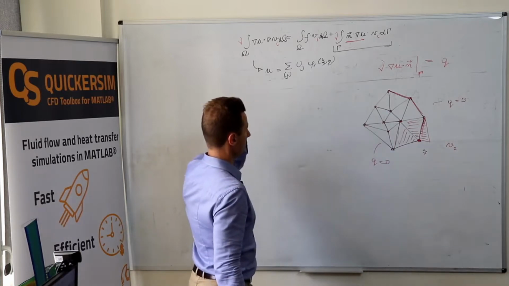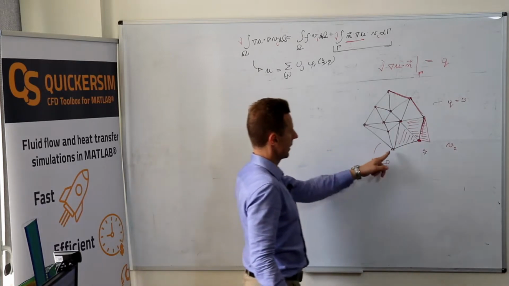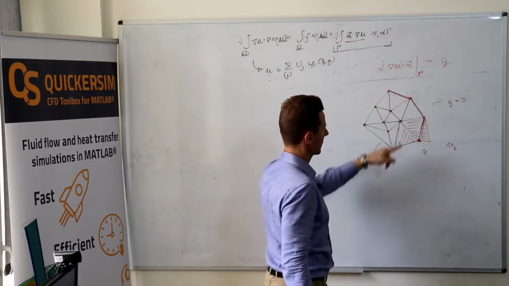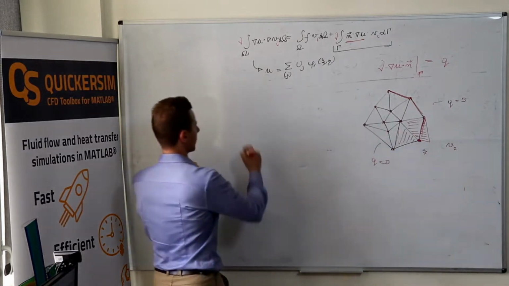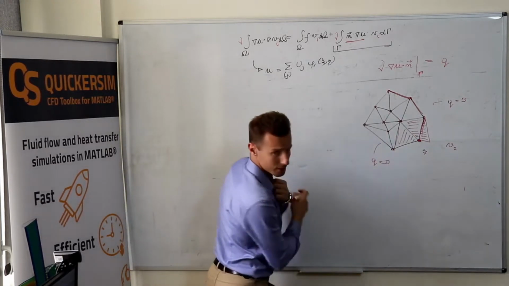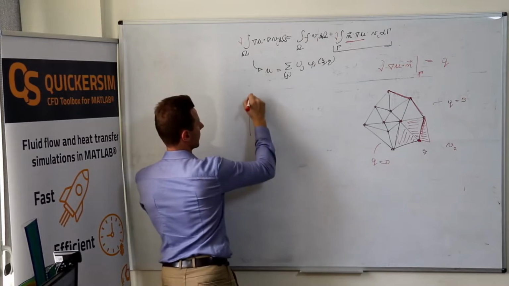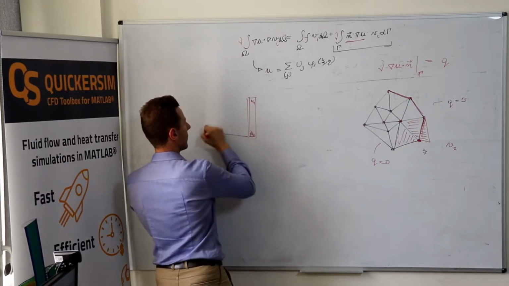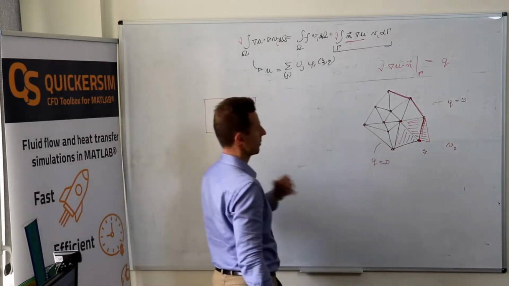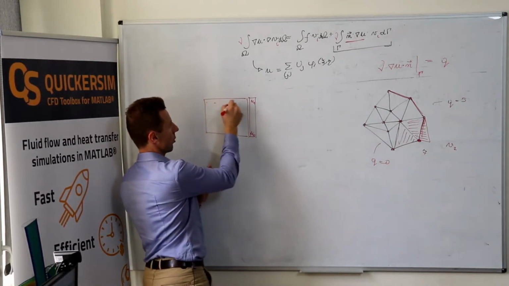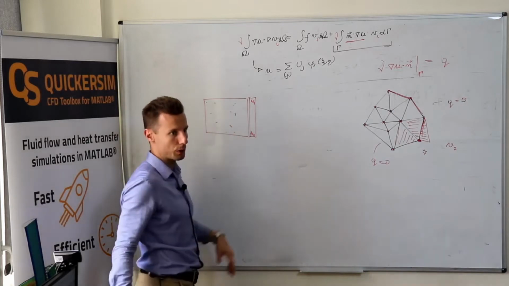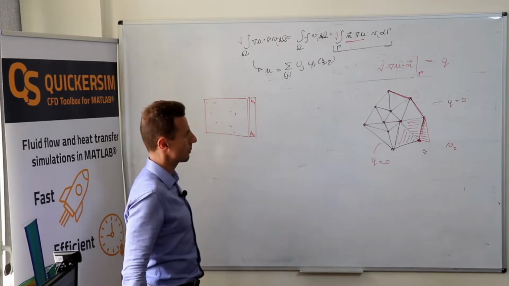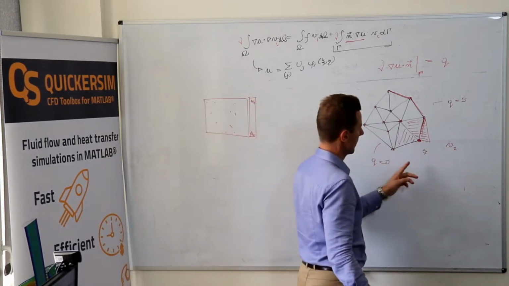How many nodes are there? 1, 2, 3, 4, 5, 6, 7, 8, 9, 10, or 11? Okay, 11. So we have an 11 by 11 matrix. Let's assume you have already calculated all the entries here. We know how to do it: Gaussian integration, points, gradients, etc., and you come up with the values.